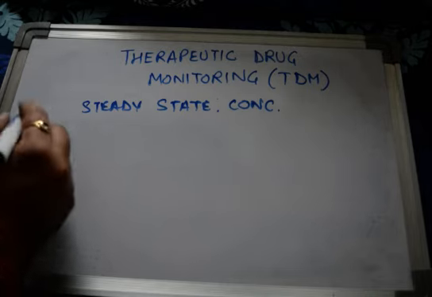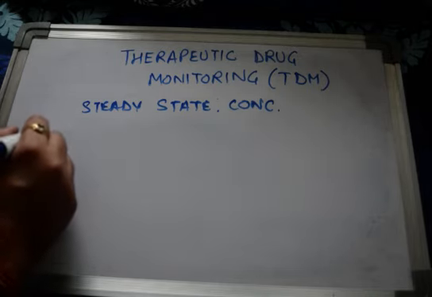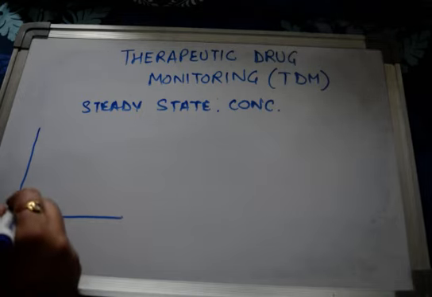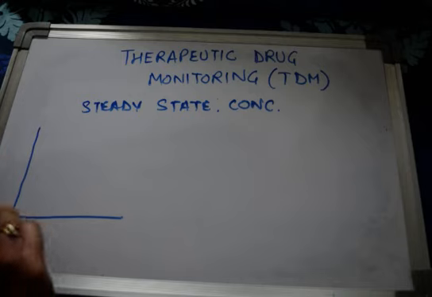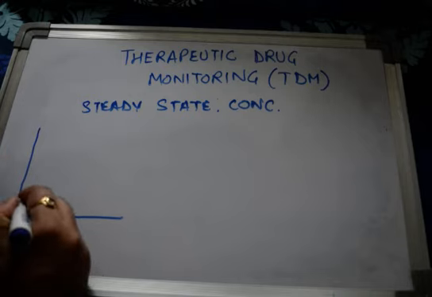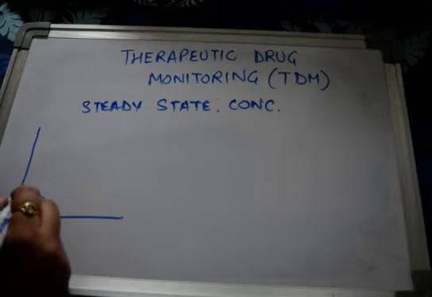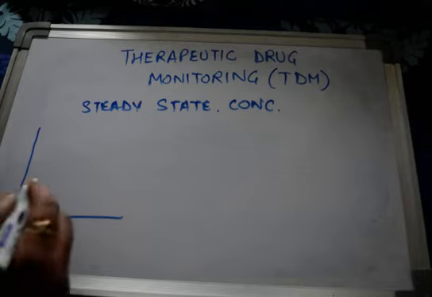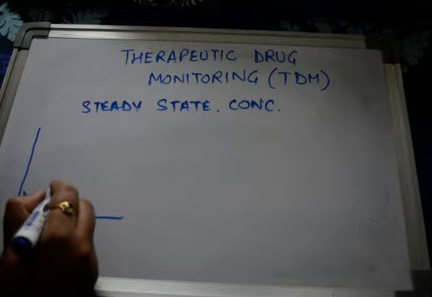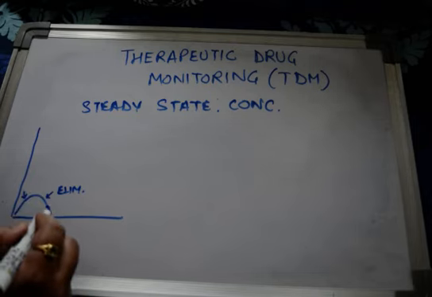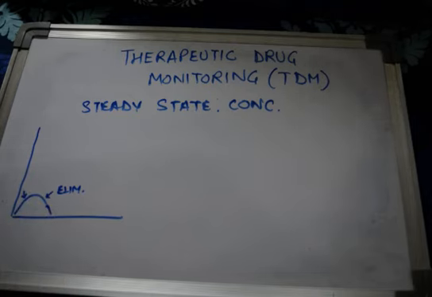So when we give a drug to begin with, what happens is, say I am giving a drug orally, the concentration of the drug will rise and then it will fall. Okay, simple. This is the part when absorption is occurring, and then this is the part when elimination is occurring. So this is a general pattern followed by a single dose of a drug given orally.